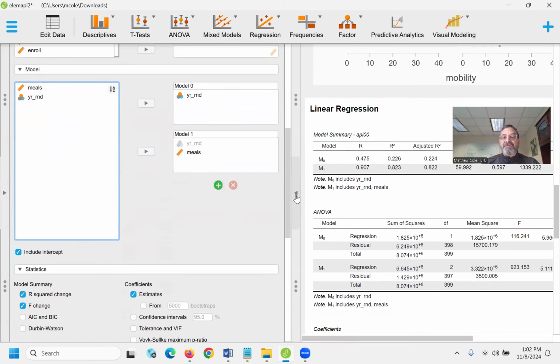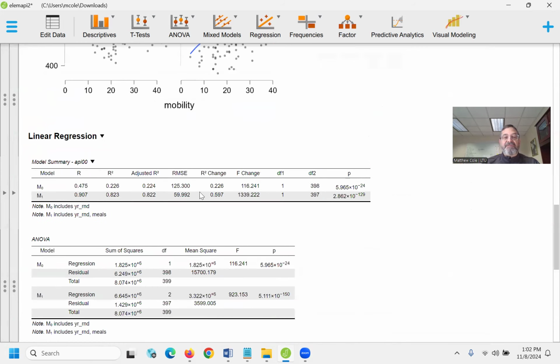So now we can say, for example, that in model 0, which is our year round, which we already knew was 22.6% of the variance, controlling for that, when we bring in meals, now we see that we are predicting almost 60%, right? Because that's that R squared change.